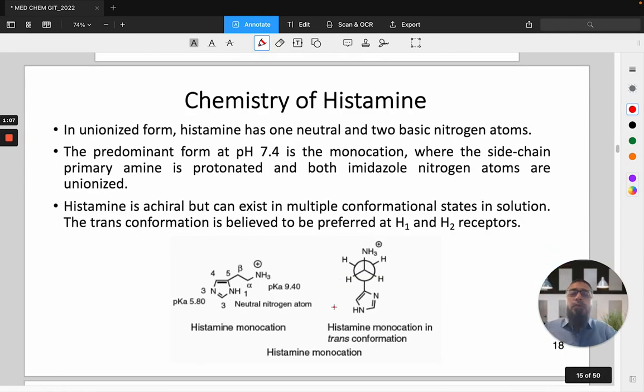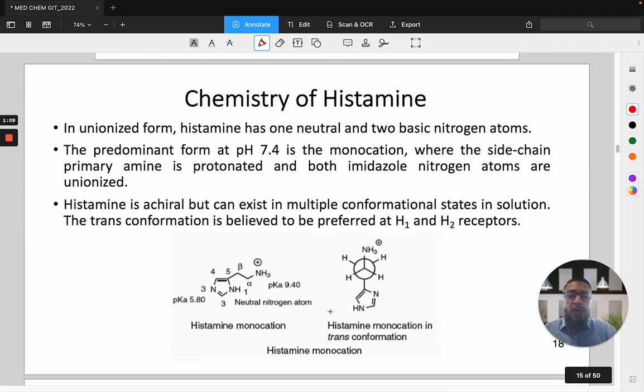So now we come to the chemistry of histamine, because in order to develop a drug which has the ability to bind with the H2 histamine receptor and block the function, we should know the structure and chemistry of histamine. All right, so in unionized form, histamine has one neutral and two basic nitrogen rings. You can see these are the three nitrogens of the histamine.